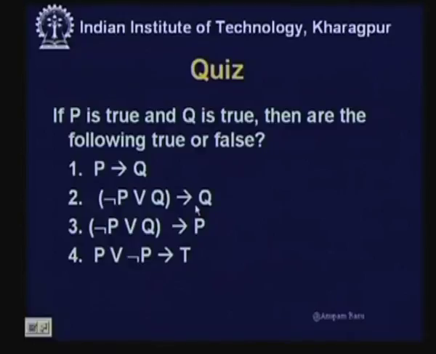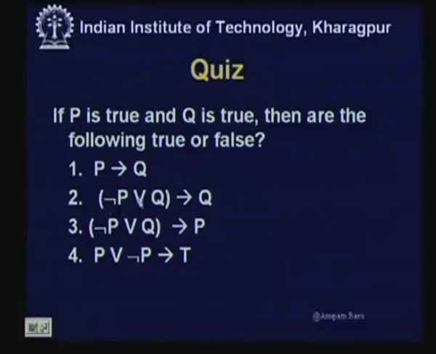And the second part is, if P is true and Q is true, then are the following true or false? Please note down. P implies Q. So, if P is true and Q is true, I am asking whether this entire proposition is true or false.